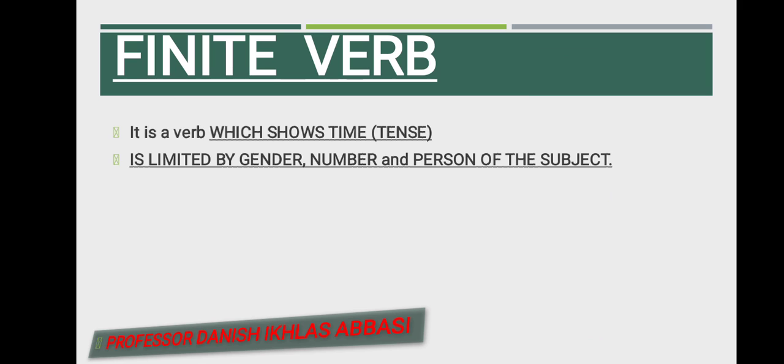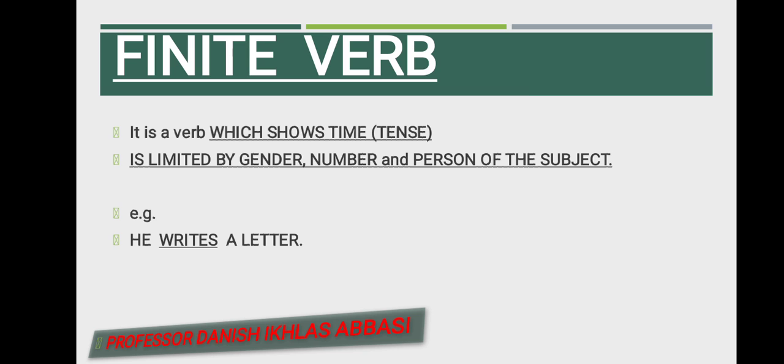The limitation means that it changes with the gender, number, or the person of the subject. If the subject is plural, then the agreement comes according to the plural subject. If the subject is male or female, then it changes with it, and it also changes with the person of the subject.